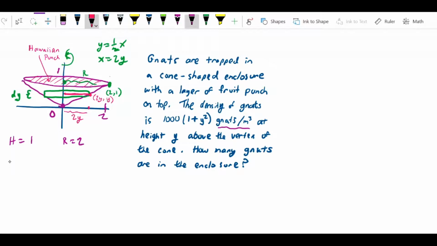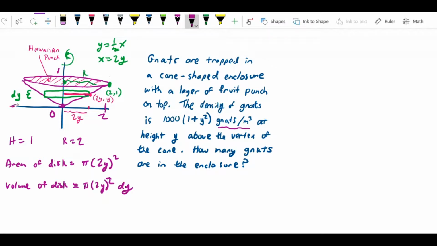So we can say that the area of a disk is equal to pi times its radius squared. The volume of a disk is equal to pi (2y) squared times the thickness, that's that direction dy, and this is going to be measured in meters cubed.